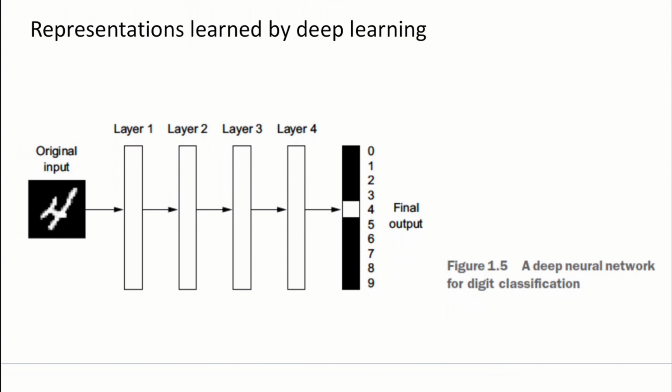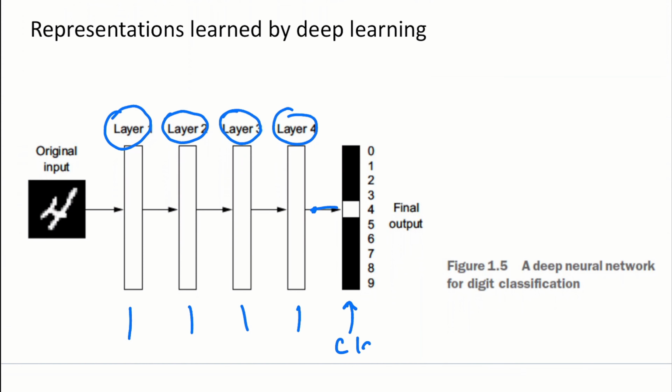So what are the representations learned by machine learning? Let's say you have 4 different layers in which you're distilling some information. Some information will be learned by layer 1, some by layer 2, layer 3, and layer 4. And in the end, you have a classification layer.